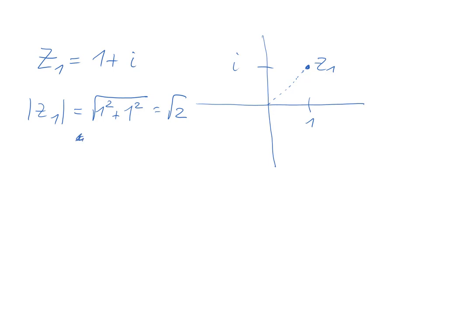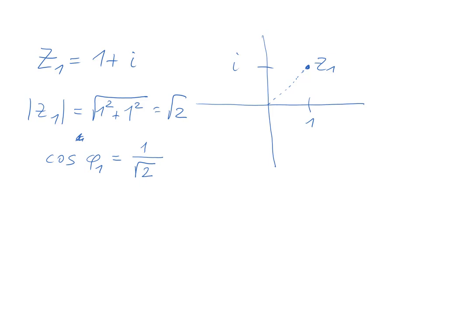And now we compute the angle phi. So cosinus of phi 1 is a, the first component, which is 1, divided by the absolute value of z, which is square root of 2.